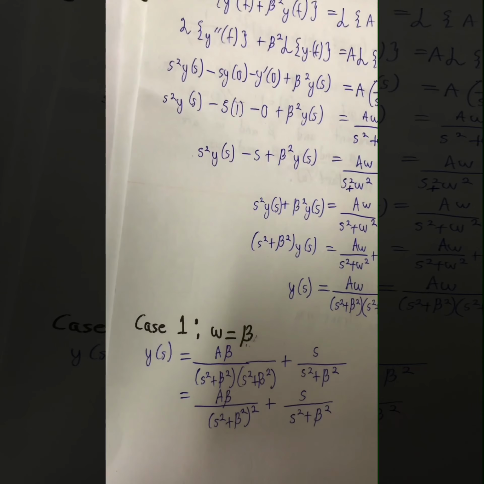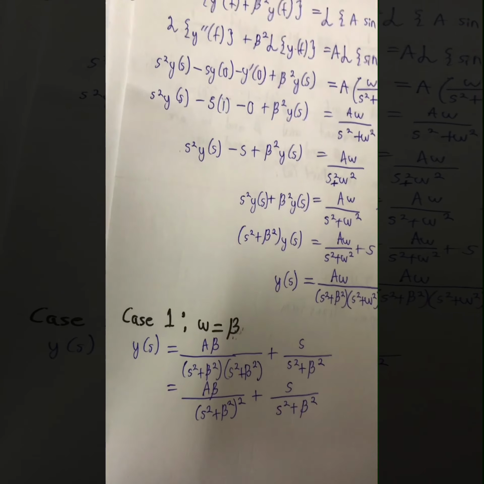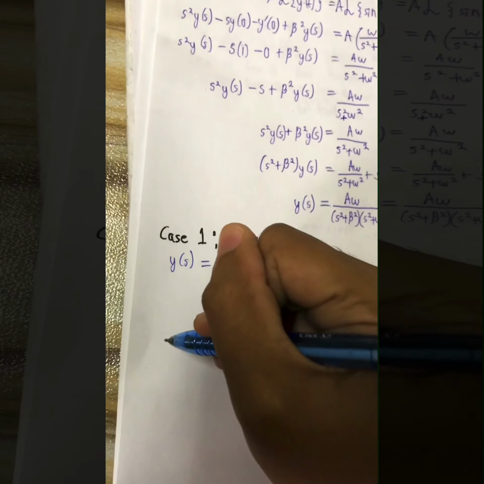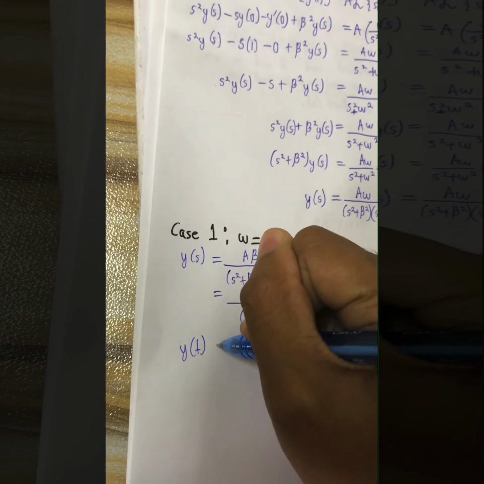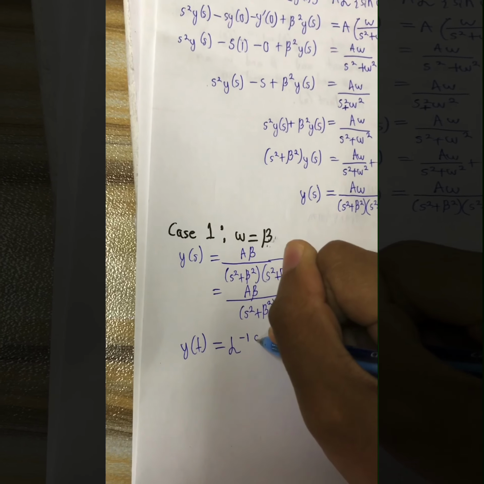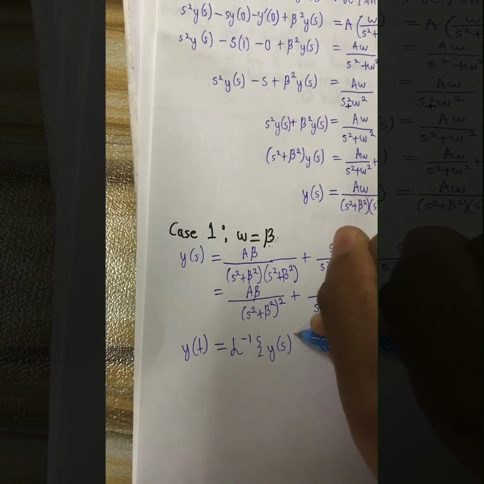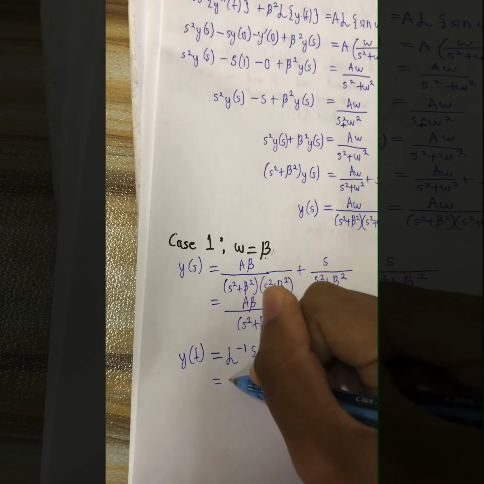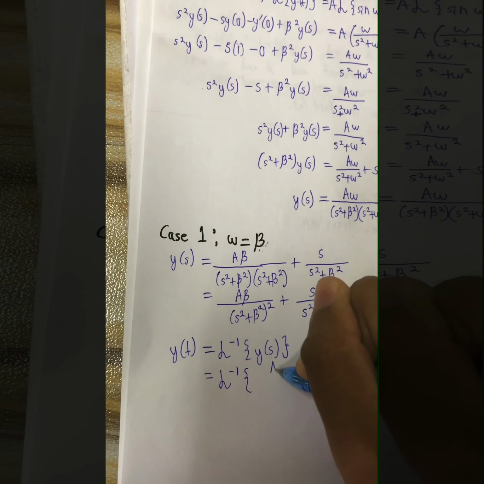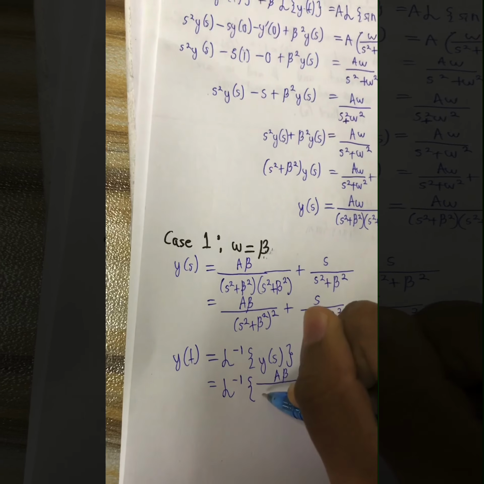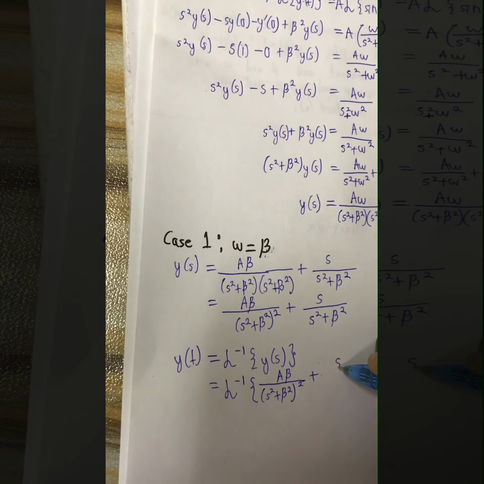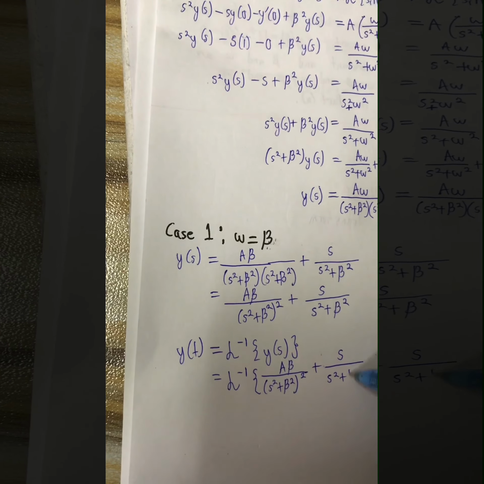We need to find our y(t), which is the inverse Laplace transform of Y(s), where Y(s) is equal to a beta over s square plus beta square plus s over s square plus beta square.